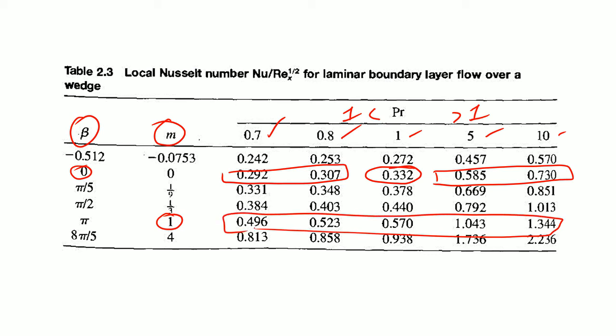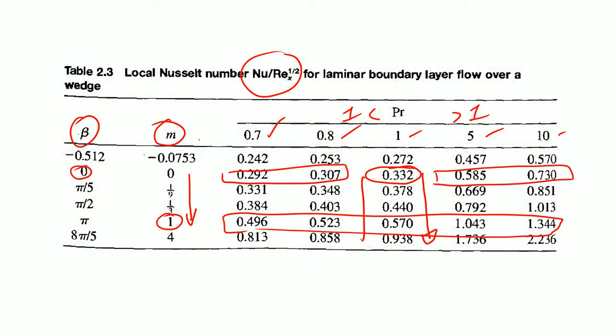As you can see, the Nusselt number is a function of the Prandtl number for all the wedge angles. But as we increase the wedge angle, you are going into a more and more convergent nozzle kind of situation. That means the flow is accelerating a little bit more.